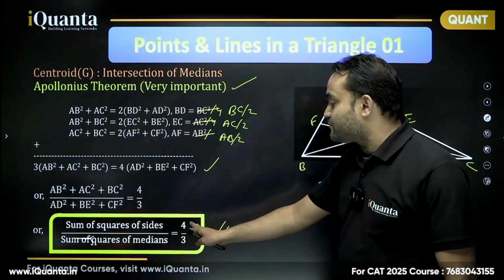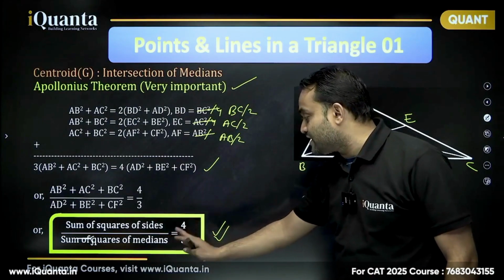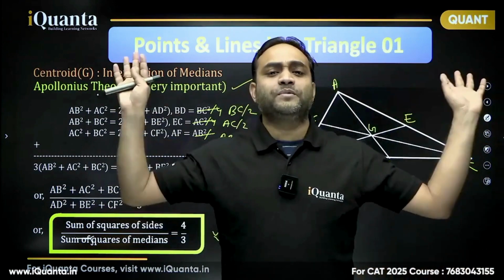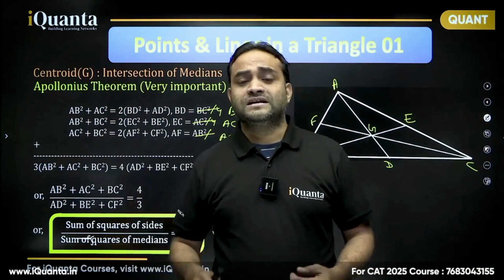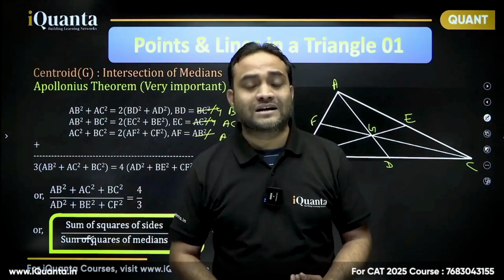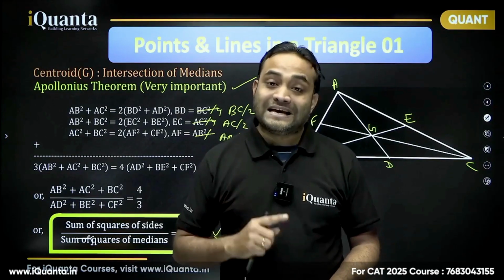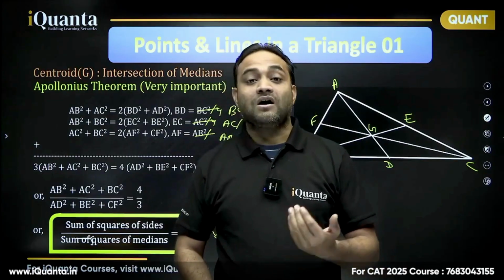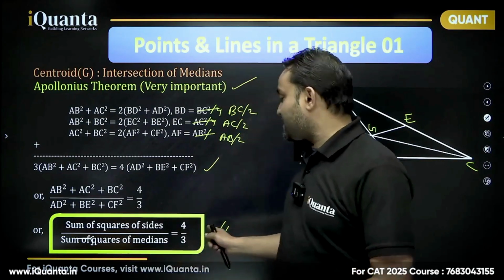Sum of squares of all the three sides divided by sum of squares of all the medians should be equal to 4/3 in any particular triangle. Doesn't matter whether it is an isosceles triangle, equilateral triangle, or scalene triangle, acute angle triangle, obtuse angle triangle and right angle triangle, this condition will be followed in every one of them.